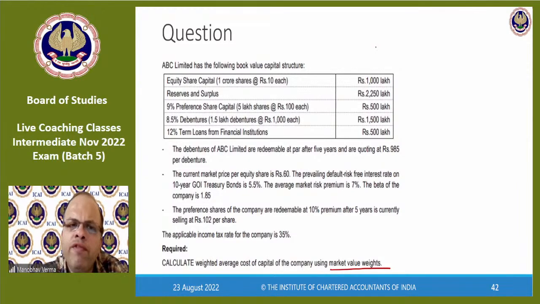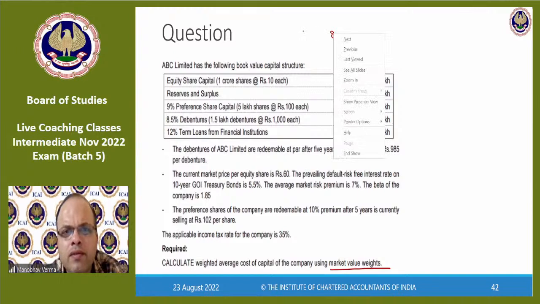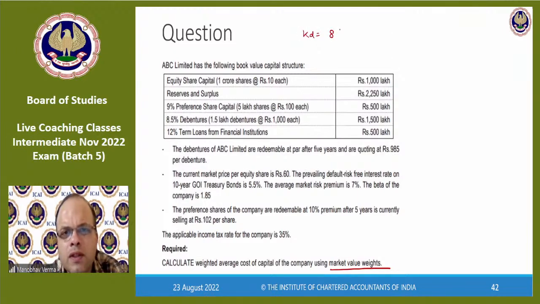So we have 8.5% debentures, right? So 8.5%, if we are talking about the interest, is 85, into 1 minus T. Plus, we are talking about redeemable after 5 years, so we are talking about the redemption value minus the market price. So 1000 minus 985 upon 5.